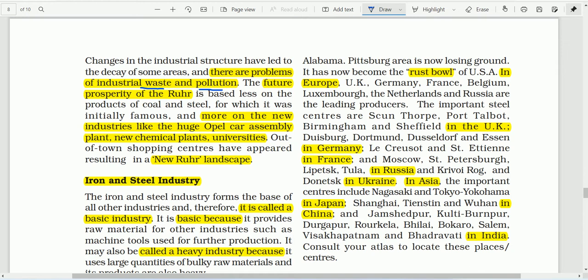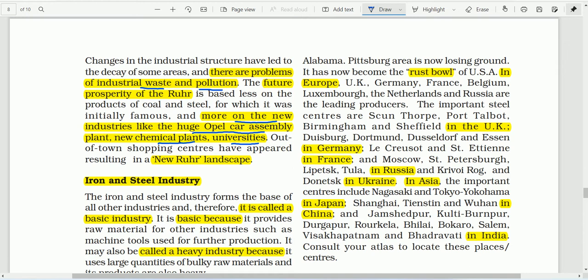The future prosperity of the Ruhr is based less on the products of coal and steel, for which it was initially famous, and more on new industries like the huge Opel car assembly plant, new chemical plants, and universities. Once, the Ruhr industrial region was famous for traditional large-scale manufacturing industries which use coal and iron ore.